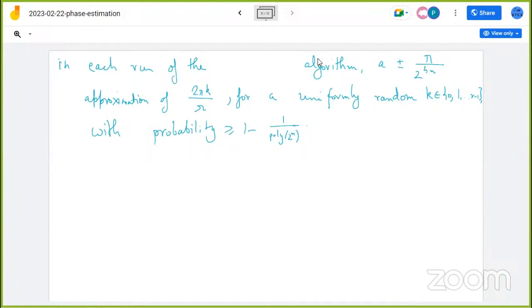It's a bit of a weird statement because there's some inherent randomness in the algorithm, which just chooses one k at random and gives you the answer. The probability is not about that random, the probability is about the other random. And so if it succeeds, then what you have is a uniform random sample from these approximate numbers.